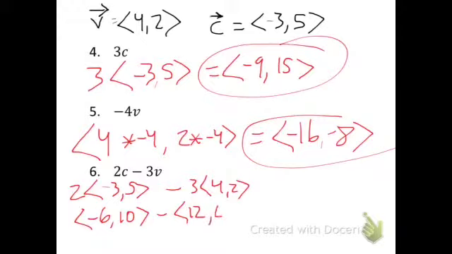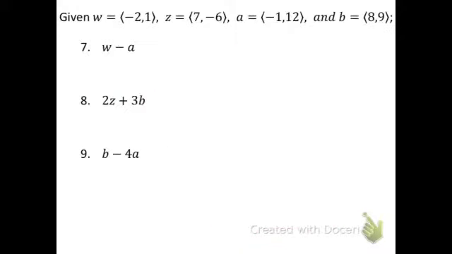And 3 times 2 is 6. When you now subtract corresponding parts, negative 6 minus 12 is negative 18. 10 minus 6 is 4. And you have your final answer right there.